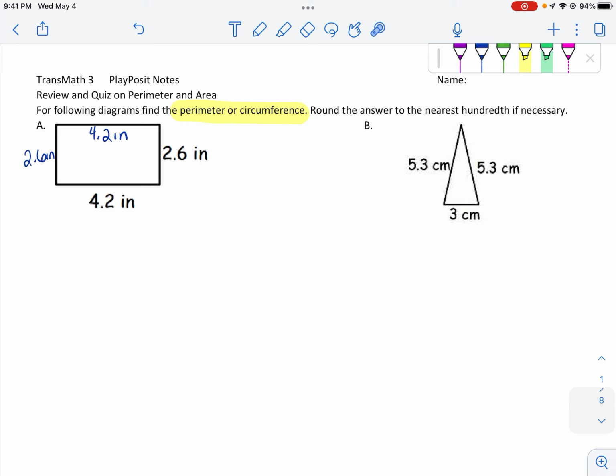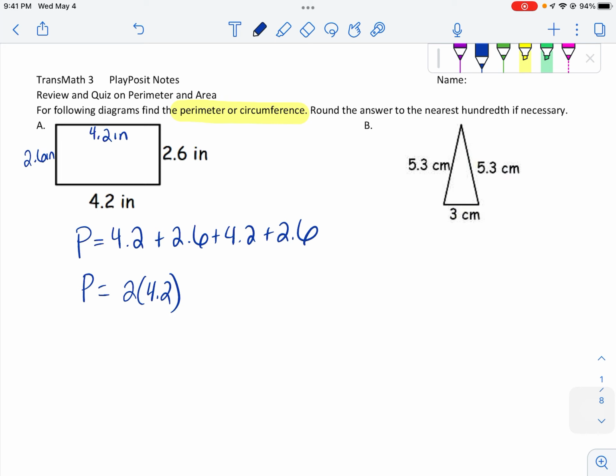To find the perimeter, I'm going to add up all of the sides together. So I'm going to do 4.2 plus 2.6 plus 4.2 plus 2.6. Or you could do 2 times 4.2, because there are 2 of those, plus 2 times 2.6, 2 of those.